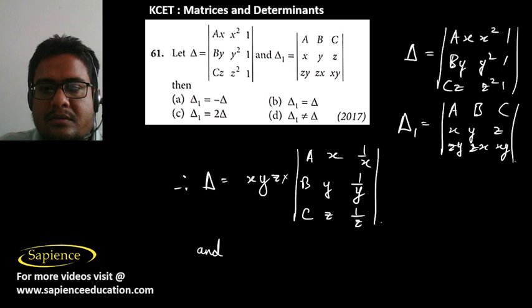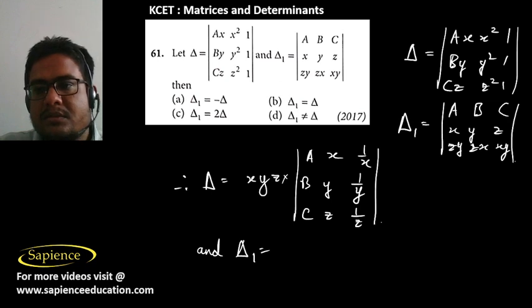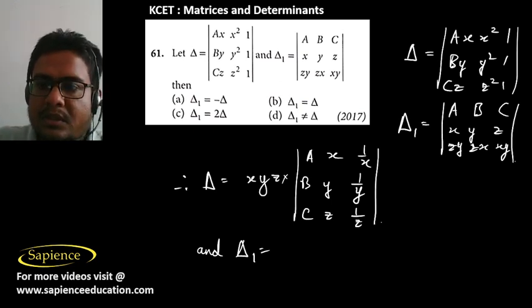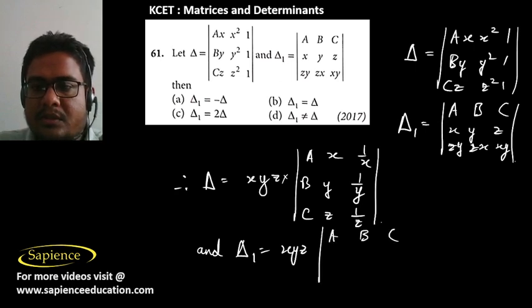Similarly, from delta 1 also, the determinant delta 1, we can take xyz as common from the third row, then we will have xyz into the determinant abc, xyz, 1 by x, 1 by y, and 1.